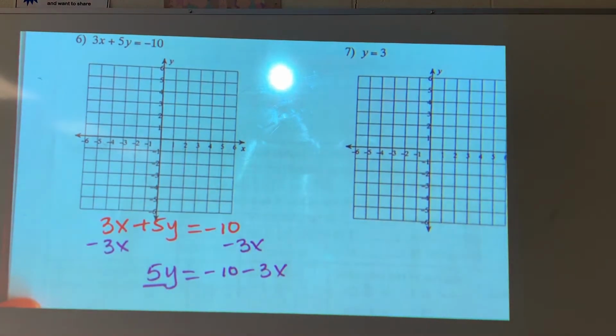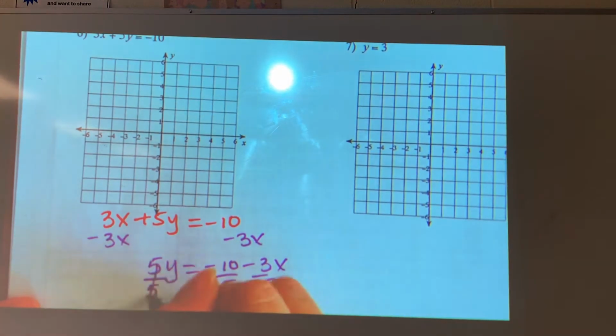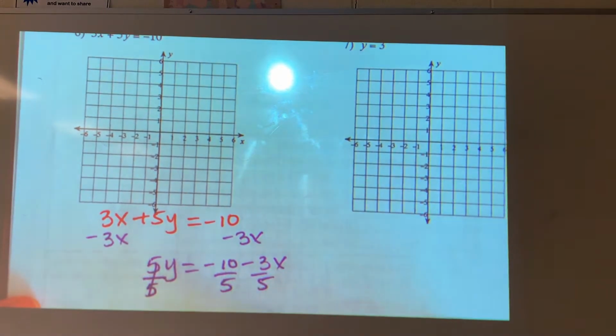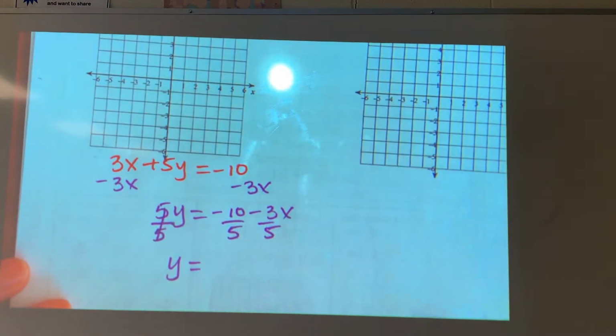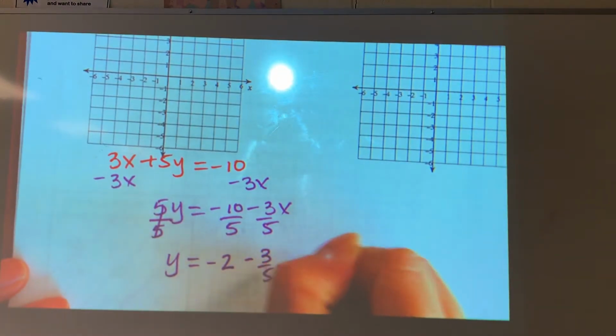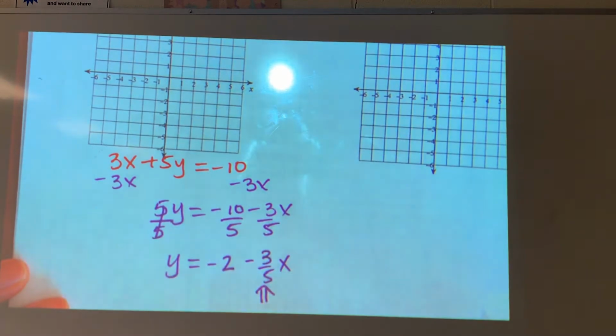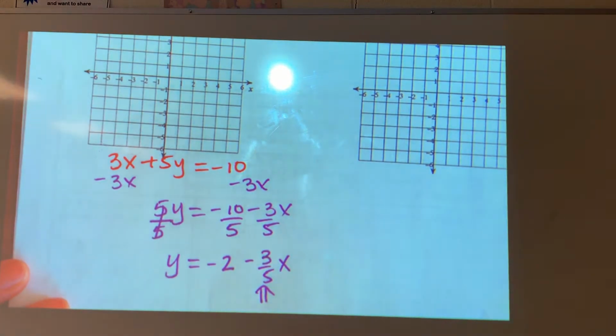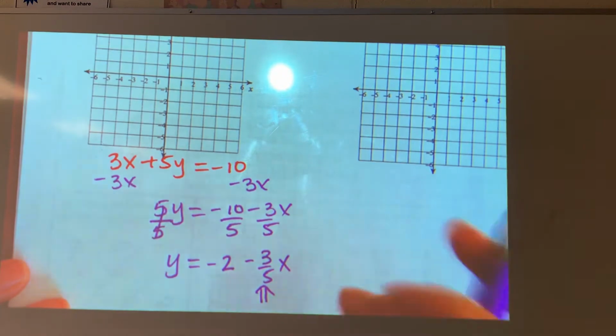To solve for y, I divide by 5. -10 divided by 5 is -2, and -3/5 x. Please keep it in fraction, so that it is easier for you to graph the line. If you change to decimal, then you don't know how many units to move. So in this case, keep it in fraction.